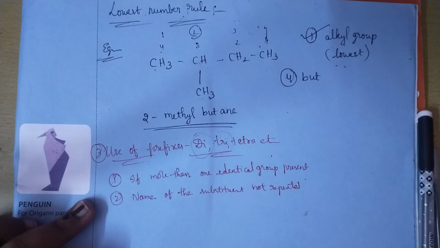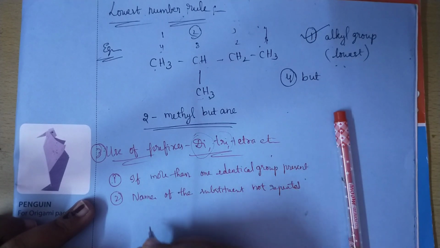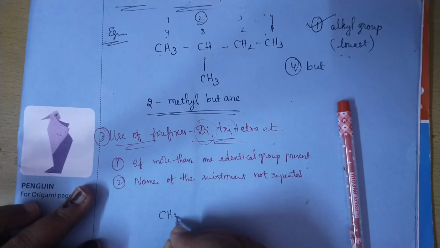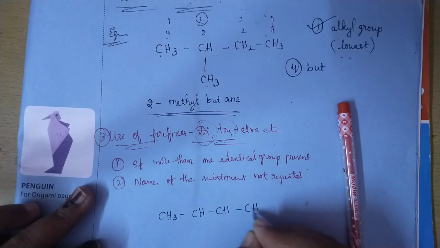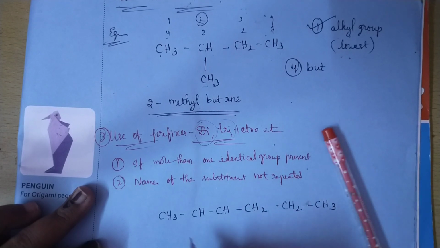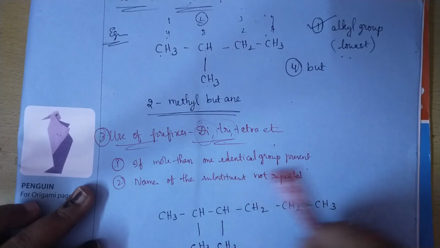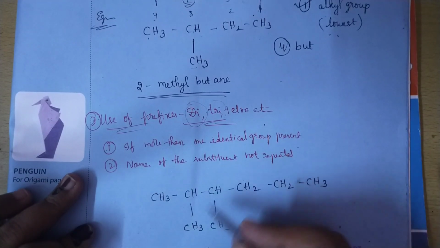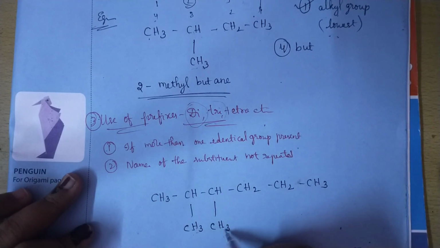Let's try to understand this. The structure will be CH3, CH, CH, CH2, CH2, CH3. Here, CH3, CH3. If you see the structure clearly, two substituents are given, the same substituent. So we should not repeat the name again.